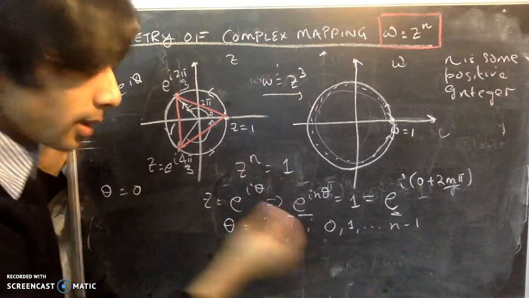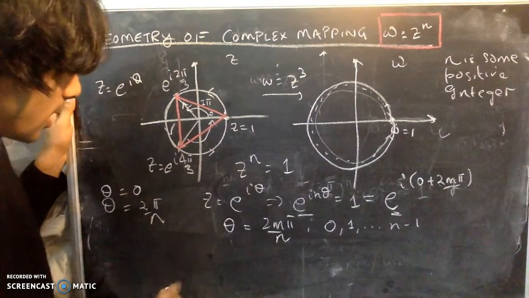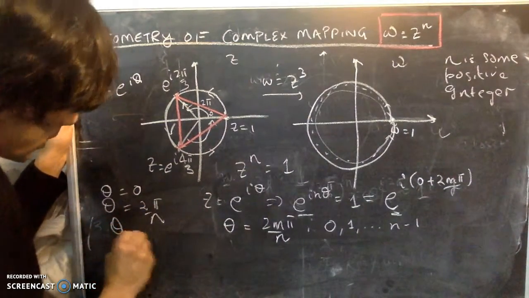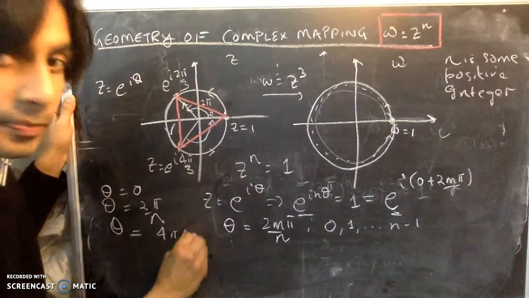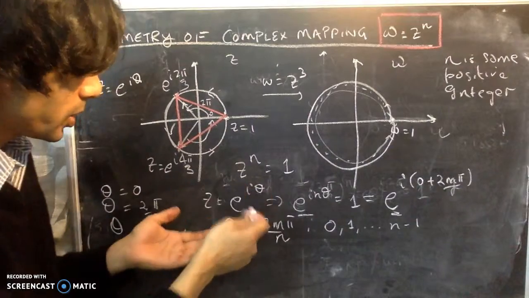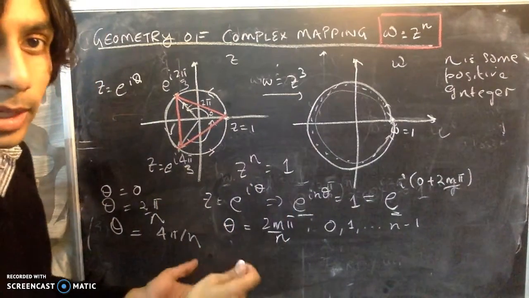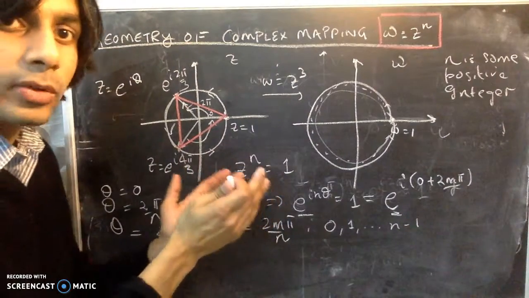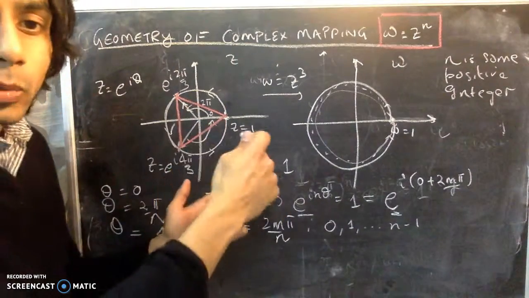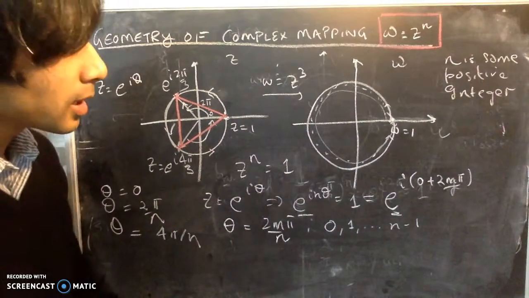When m is 1, then theta is 2 pi over n. When m is 2, then theta is 4 pi over n. And you notice that all these points in the z plane, which are e to the power i theta, for theta equals 0, 2 pi over n, and 4 pi over n, are separated by angles of 2 pi over n, and therefore they lie on the vertices of a regular polygon, which is again what we found geometrically.